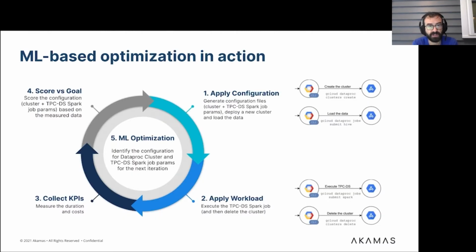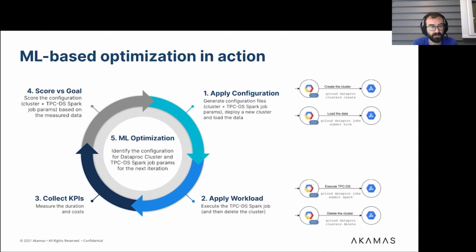Once the benchmark execution process is automated, the implementation of our machine learning-based optimization is pretty straightforward. In the apply configuration step, the configuration files corresponding to the cluster and the Spark job parameters are generated. The cluster is deployed using this configuration file, and the data are loaded into Hive. In the apply workload step, the benchmark is executed using the Spark execution parameters provided in the configuration file, and then the cluster is deleted.